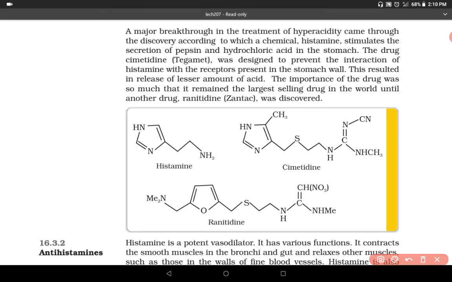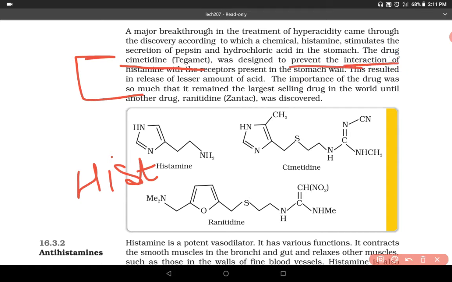Here is one of the major things, and a funny thing too. Histamine actually increases the production of pepsin and hydrochloric acid in our stomach. But this drug, Tagamet, prevents the interaction of histamine with the receptors present in the stomach wall.